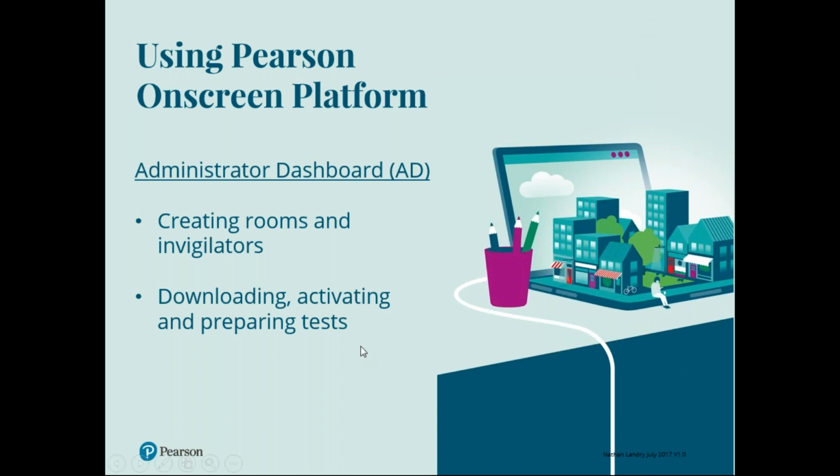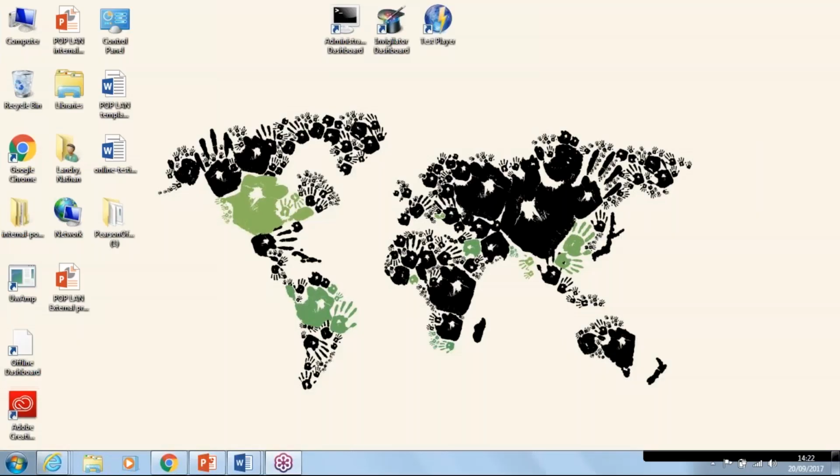from my laptop here. So if you just give me a sec, I'm just going to open up the administrator dashboard. Okay, so that's my desktop, and this is what the software looks like once it's installed.